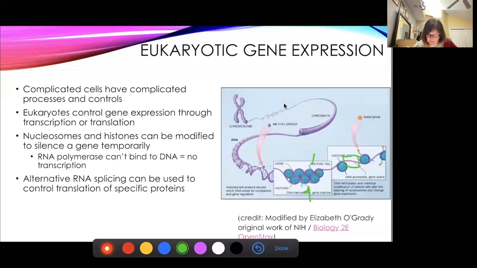So we have this area of DNA where we can read those instructions. We have what's called these little tails, and some are methylated and some are acetylated. And based on whether they're acetylated or methylated, they will either be wrapped up tight or they will open up so we can read the gene. So that helps control gene expression.